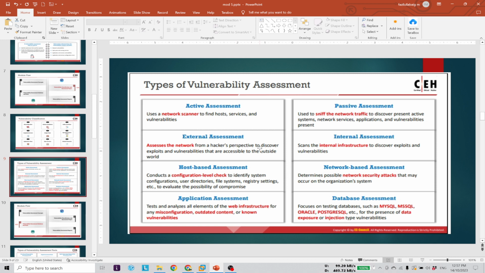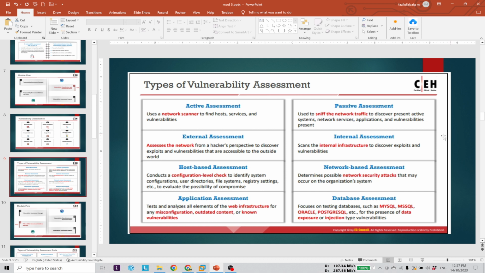From a hacker's perspective, it discovers exploits and vulnerabilities that are accessible from the outside world. Like I told you, port number 21, that is FTP, can be accessible externally. We can discover it from outside the network.